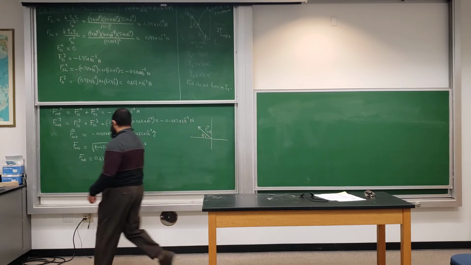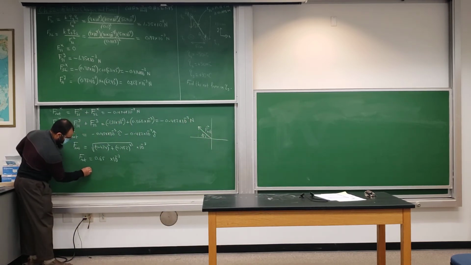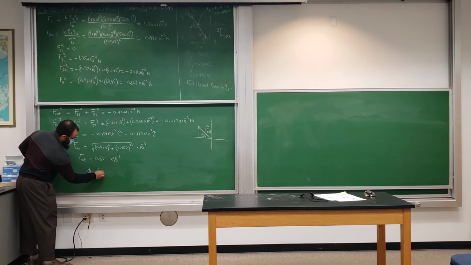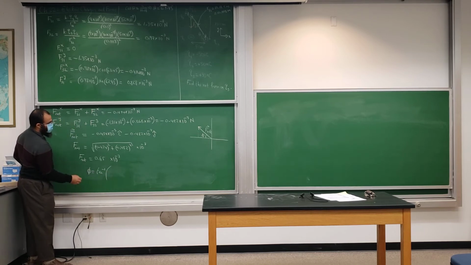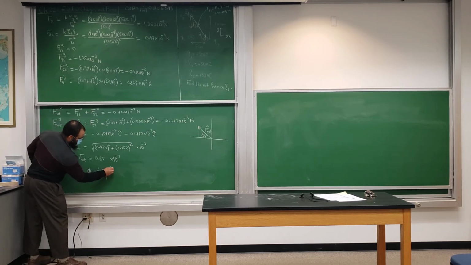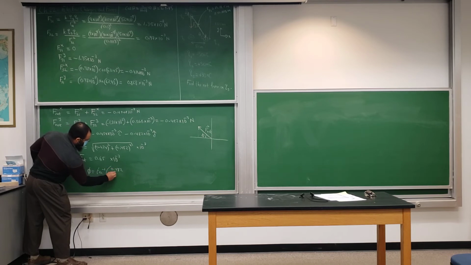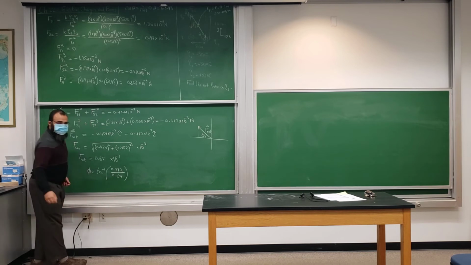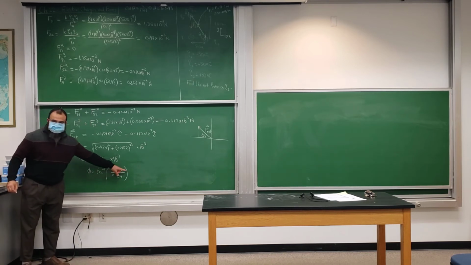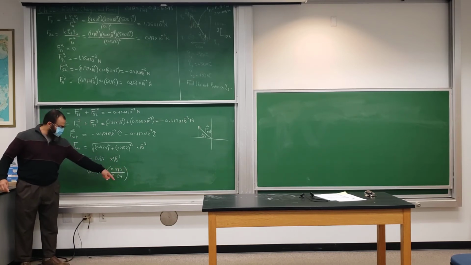So let's write it. Phi is the tangent inverse of the y component over the x component. So that's 0.482 over 0.434. And again, why didn't I bother to write times 10 to the minus 3? It's going to cancel anyways.